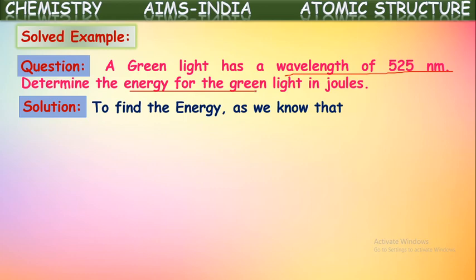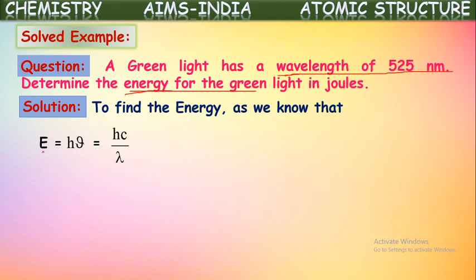To find the energy, as we know, E is equal to hc by lambda, because here we need the relation between wavelength and energy. They have given the wavelength and asked us to find energy from Planck's quantum theory and the relations from it. We need to take the equation relating energy and wavelength of the radiation.